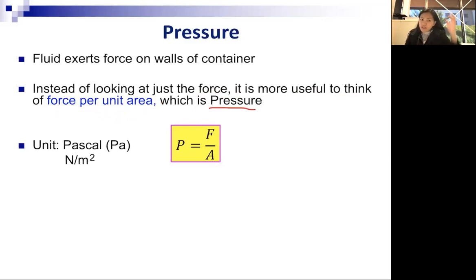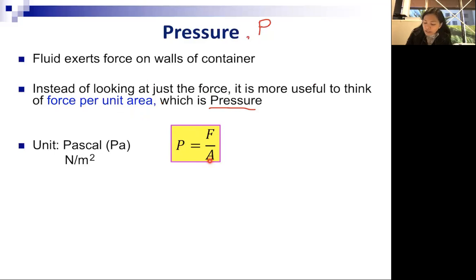If you put that into an equation, we use the capital P for pressure. That's different from density. Density is the curly P, which is actually rho. For pressure, it's capital P. And if we put the definition for pressure in an equation, it's force divided by area.